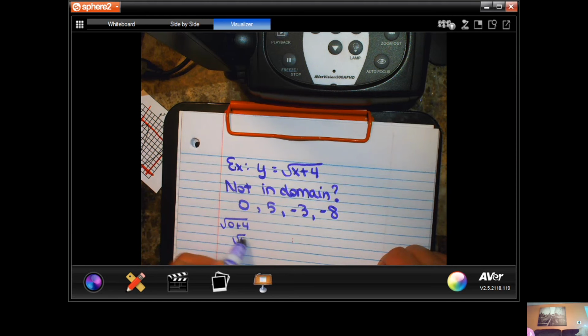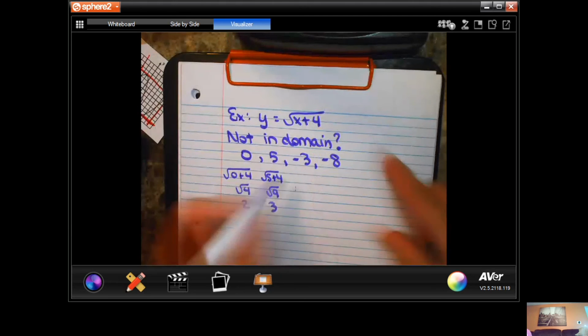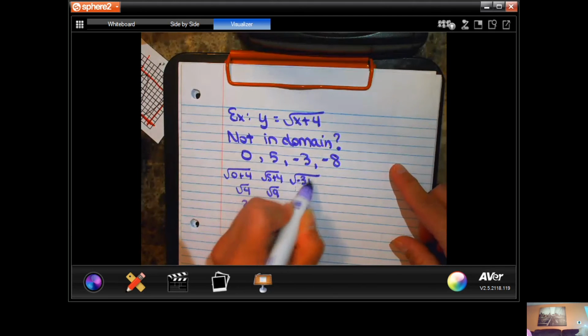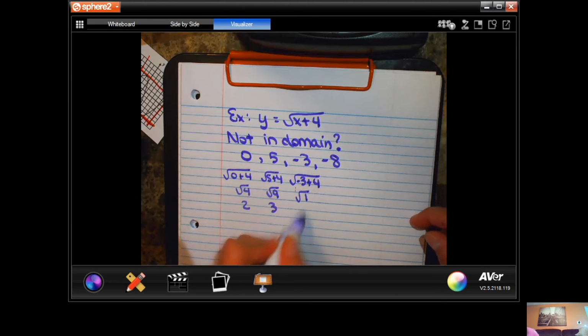That gives me the square root of 4, which is 2, so that works. If I plug in 5, the square root of 5 plus 4, that's the square root of 9, which gives me 3. That works. If I plug in -3, we have the square root of -3 plus 4. Well, that's the square root of 1, and that would be 1, so that's okay.